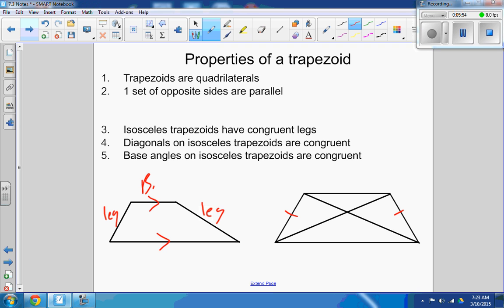The parallel sides are called the bases. So on isosceles trapezoids, the legs are congruent. The diagonals of isosceles trapezoids are congruent. And the base angles on isosceles trapezoids are congruent. So these angles are congruent, and then these angles are congruent.